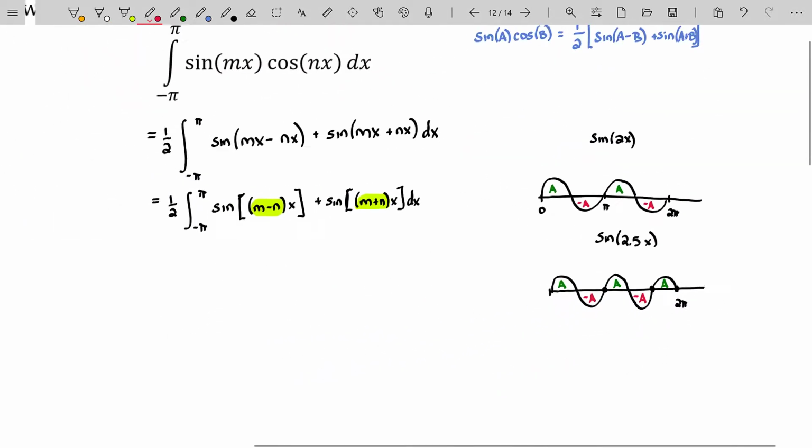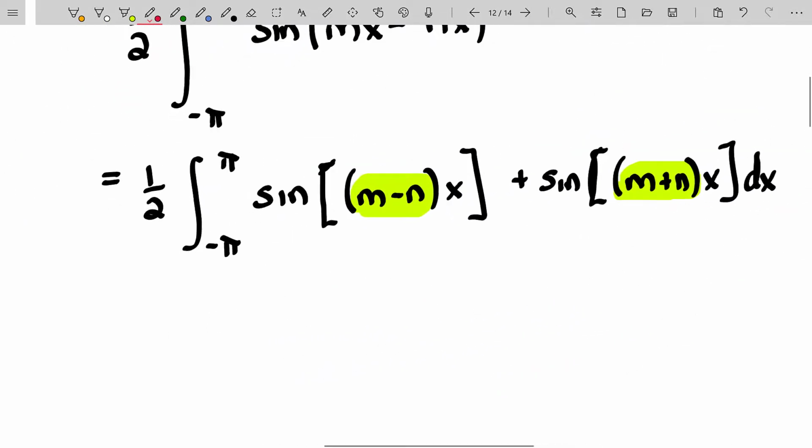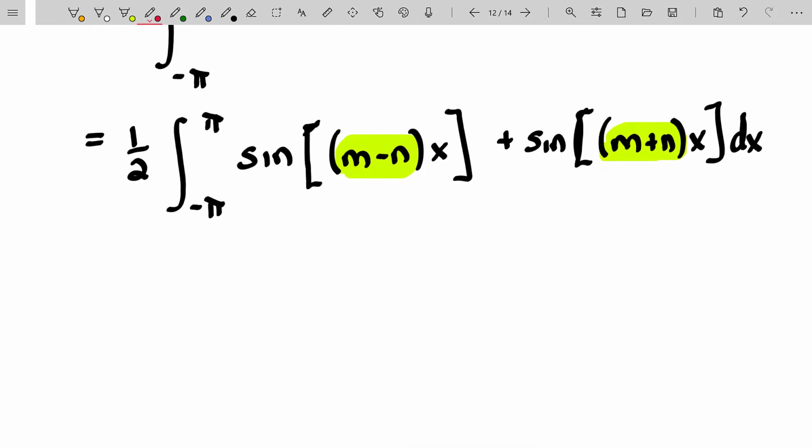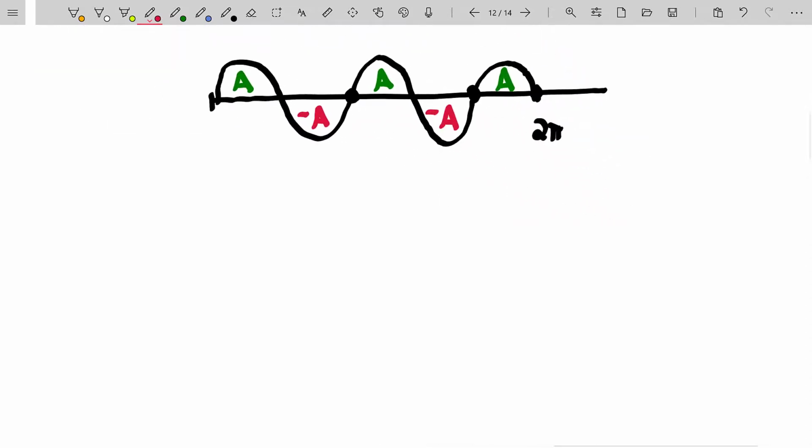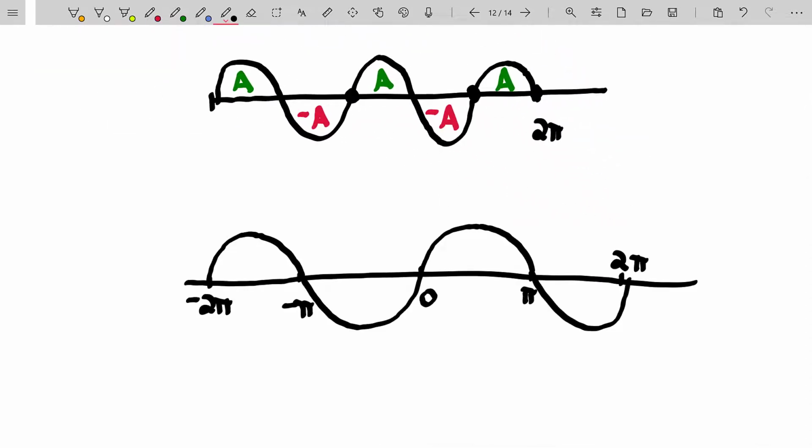But the question that we're being tasked with here is to find the area underneath these curves between negative pi and positive pi. If you know your trig functions and their graphs, then you know that the area between negative 2 pi and positive 2 pi is symmetric underneath the curve.